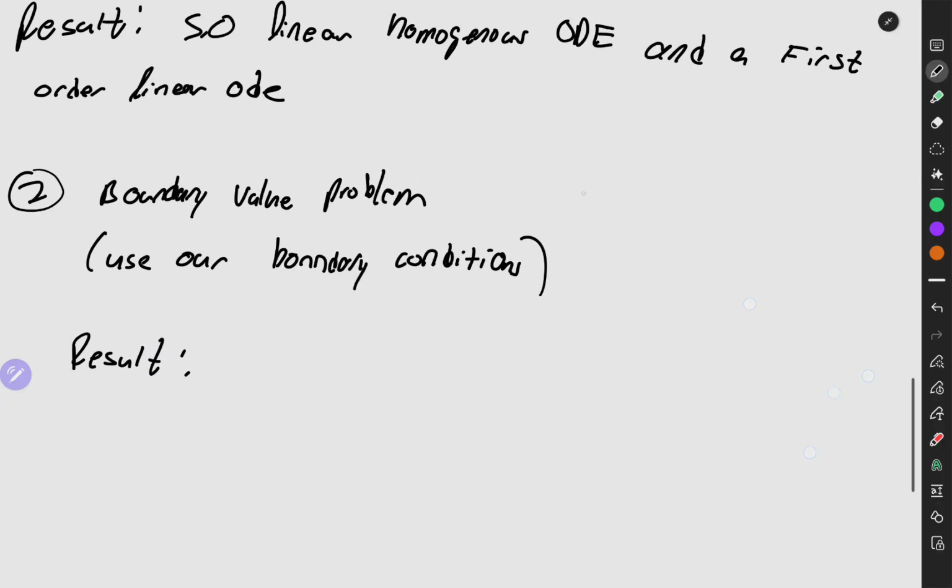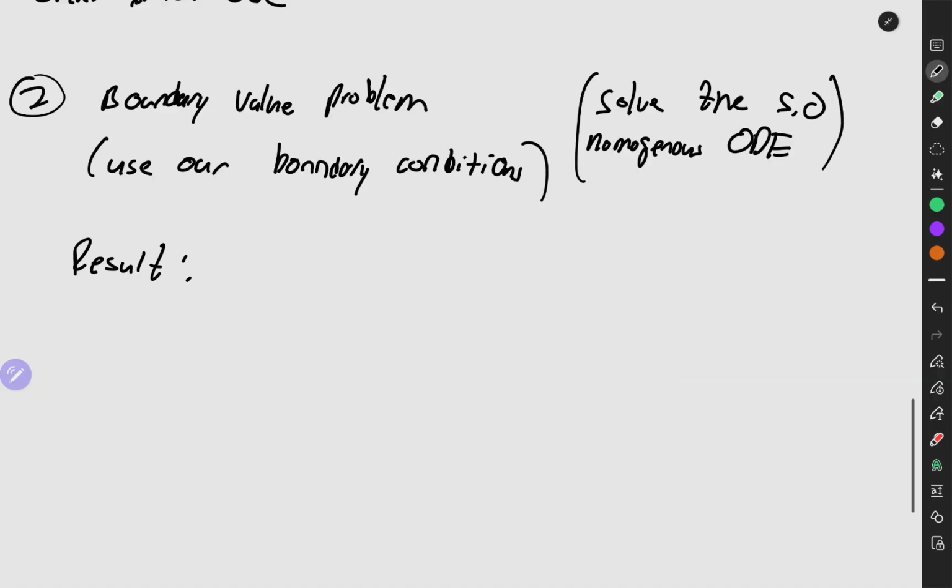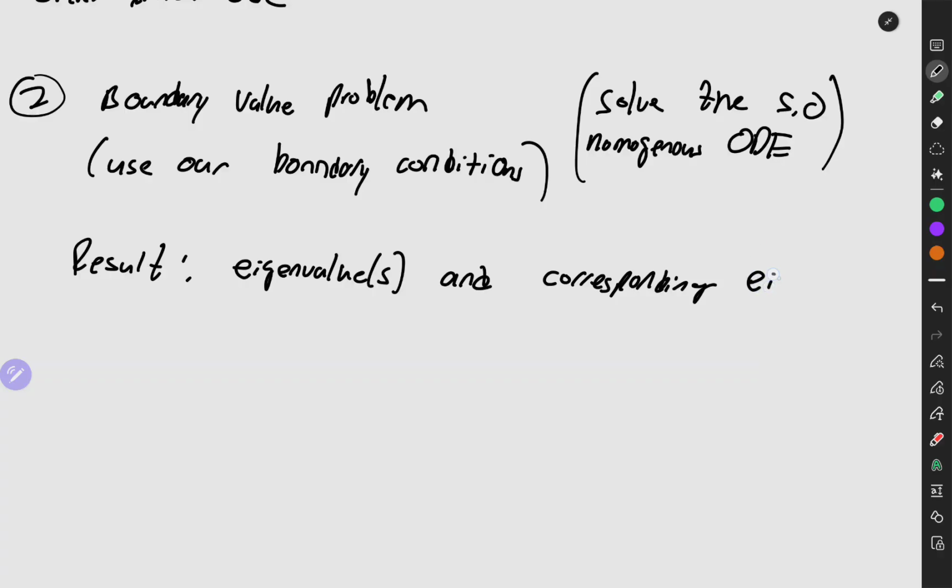Let me write this down. Solve the second order homogeneous ODE. We worry about the other ODE later on, but as a result, we end up with eigenvalues and corresponding eigenfunctions.